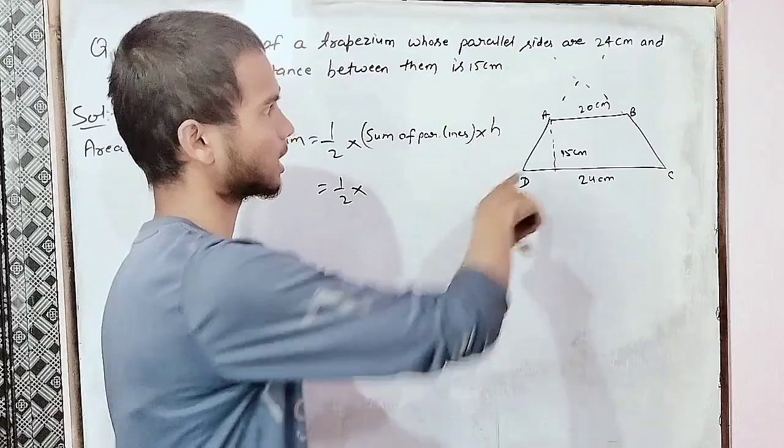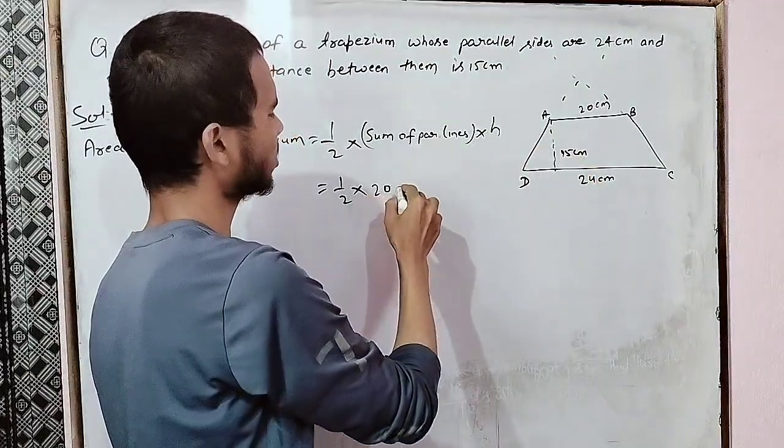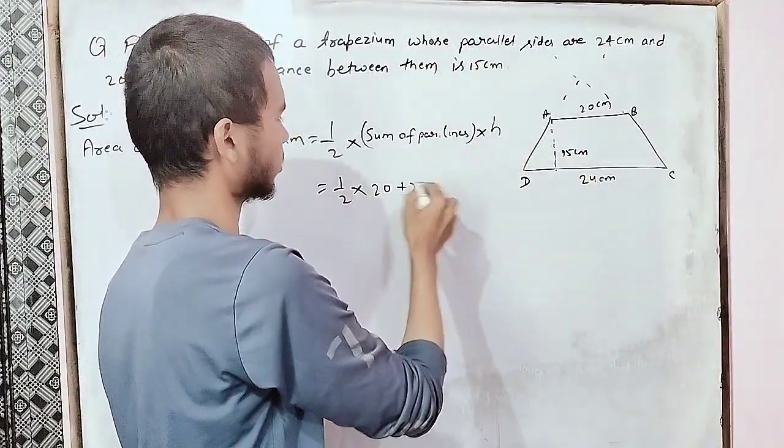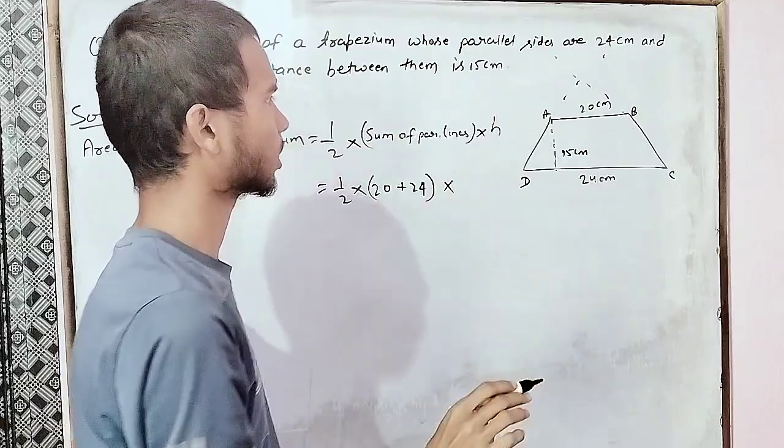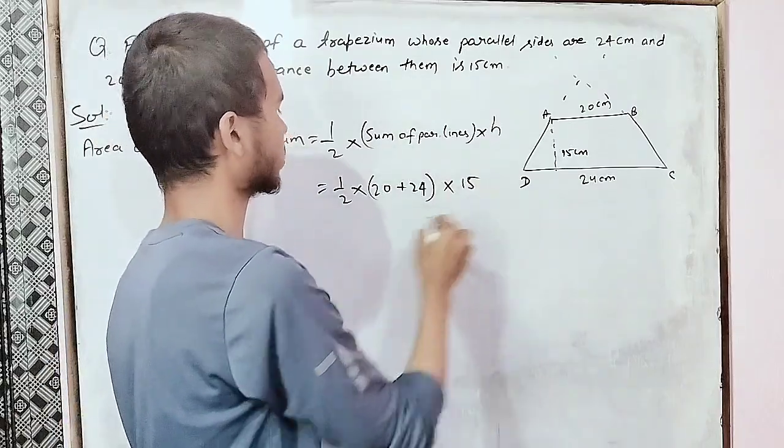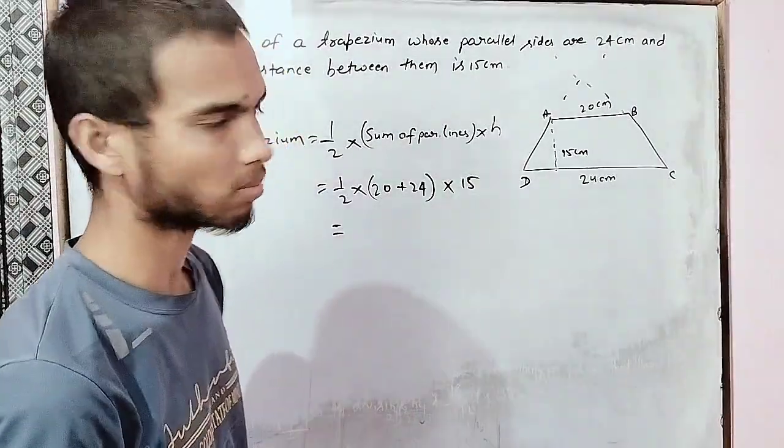The parallel lines are 20 and 24, and h is 15 centimeter.